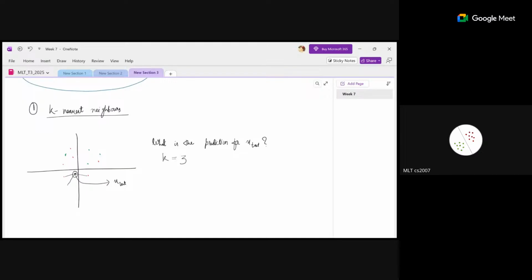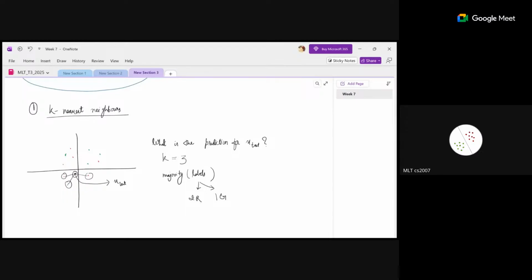For these 3 points, I am going to look at the majority vote, as in the majority label. Here I have 2 reds and 1 green. So what is the majority here?